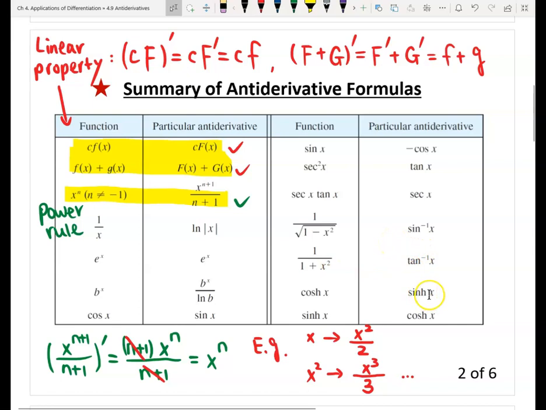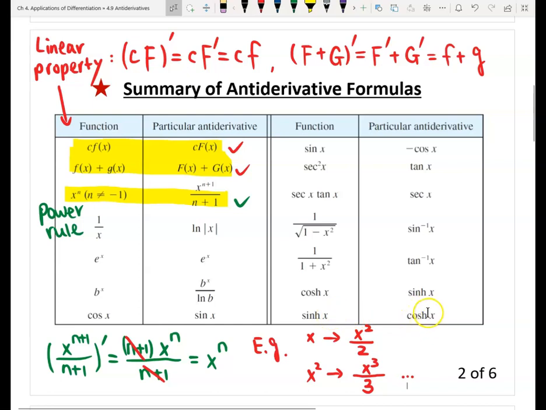And now we move to the last type of functions we learned before, the hyperbolic functions. Do you remember the derivative of hyperbolic sine is hyperbolic cosine, right? Therefore, hyperbolic sine is the antiderivative of hyperbolic cosine. The same, because the derivative of hyperbolic cosine is hyperbolic sine.